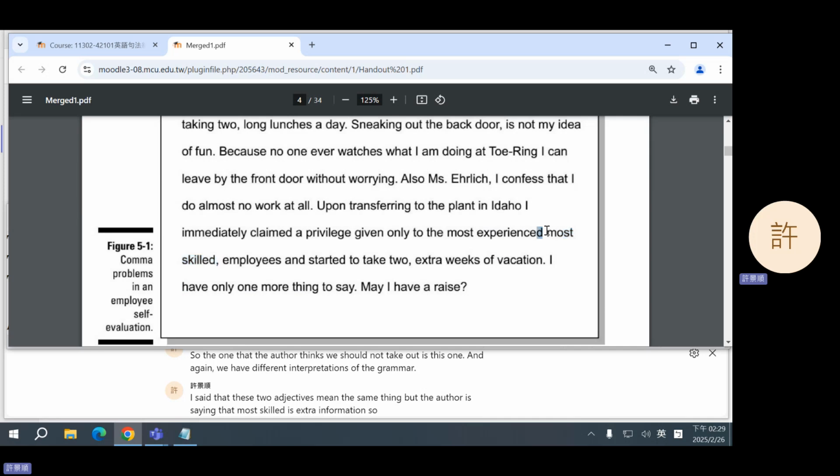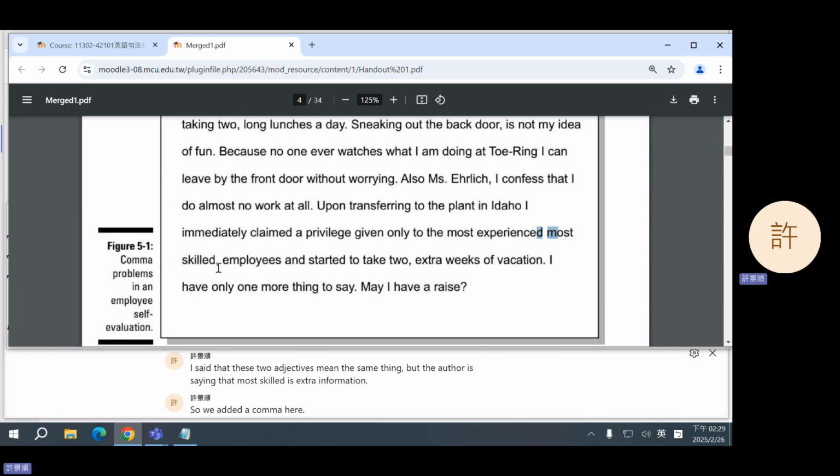So we added a comma here, and the author wants to keep this comma so that most skilled is between two commas and therefore is extra information. So we disagree. But whether you follow me or you follow the textbook, both sets of answers can be correct. Okay, questions about this page?